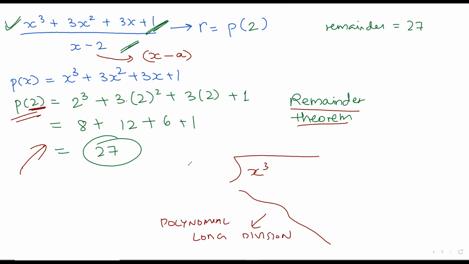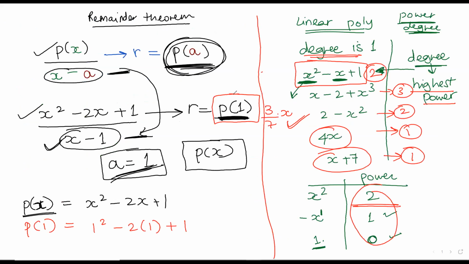But this one, what we are doing today, let me just point that out to you. This is known as the remainder theorem. Is that clear, Mridula? Or if there's still any doubt, then I'll be more than happy to address it. No, ma'am, it's clear.